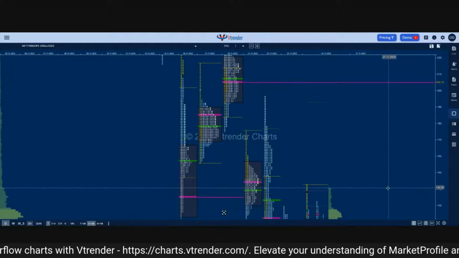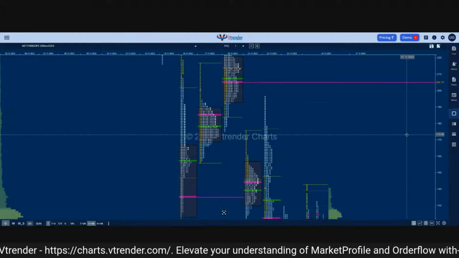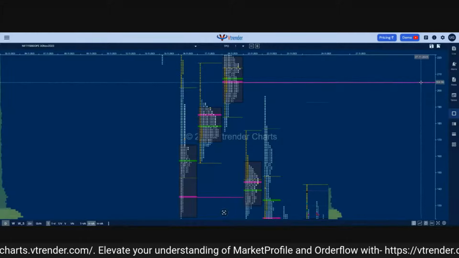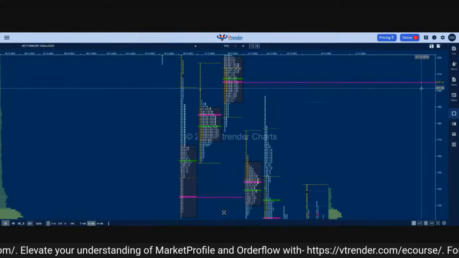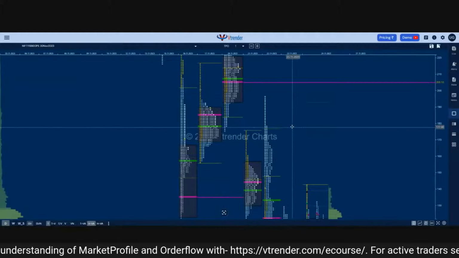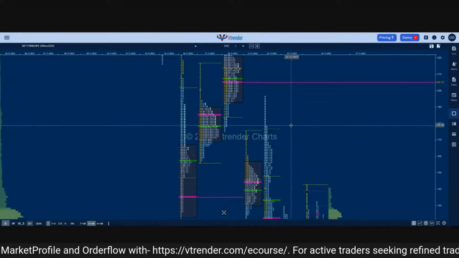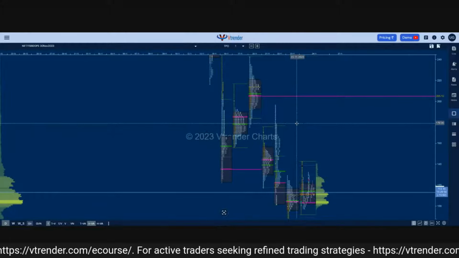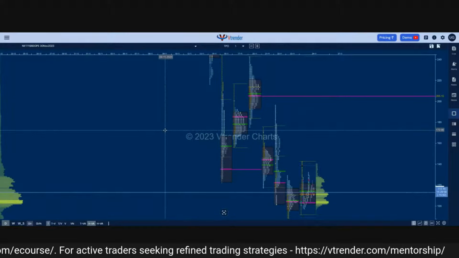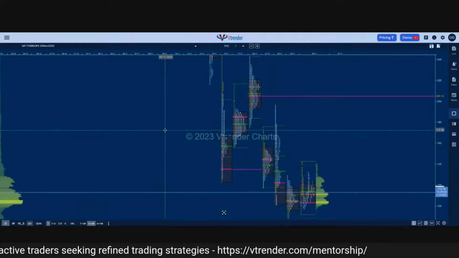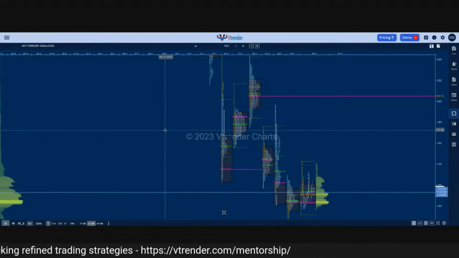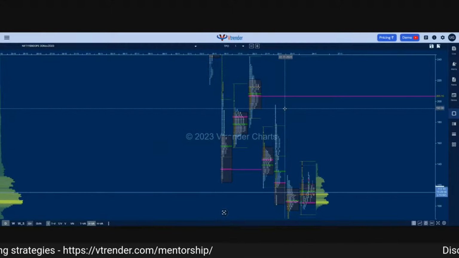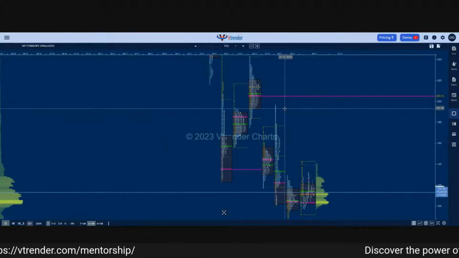So if this option continues to form higher value next week, this 205 will be our next target after this 177, which is the selling tail high. So that is how we can look at option market profile charts to trade options and get levels out of it. Although we watch the futures and the signals in the futures, we can also get very precise levels in the options.